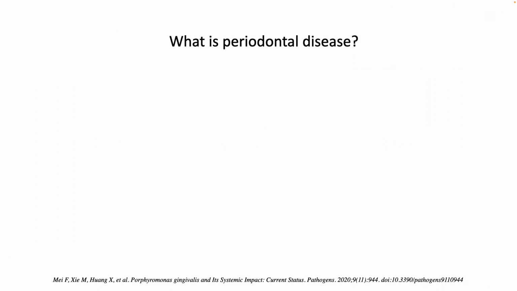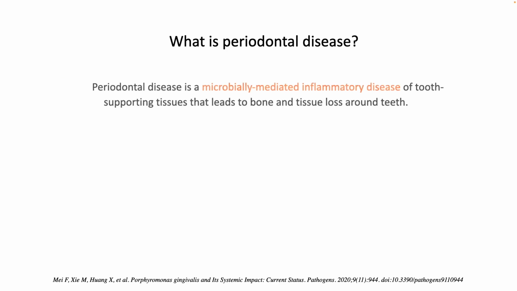So let's start with what is periodontal disease? Well, periodontal disease is a microbially mediated inflammatory disease, and it affects the tissues around the teeth, leading to bone and tissue loss.